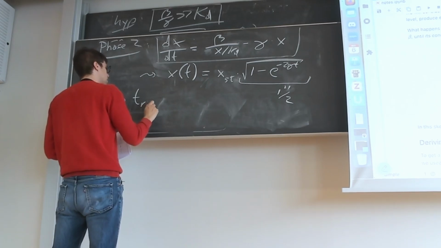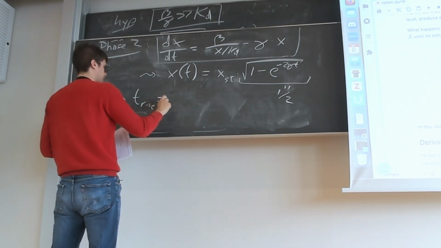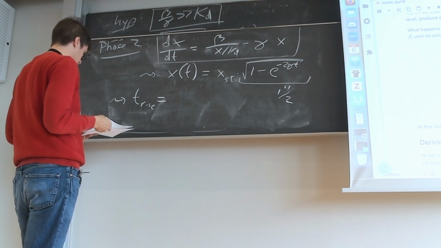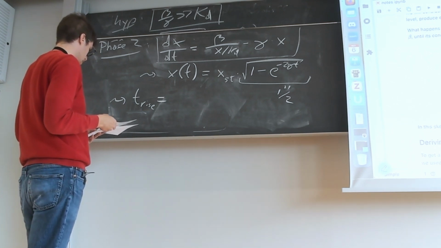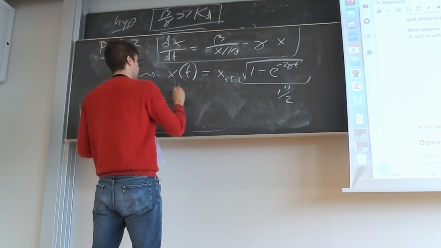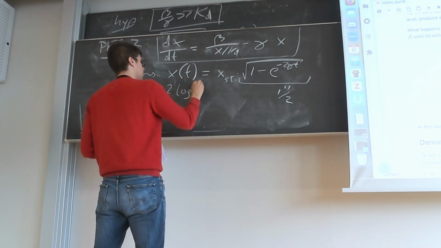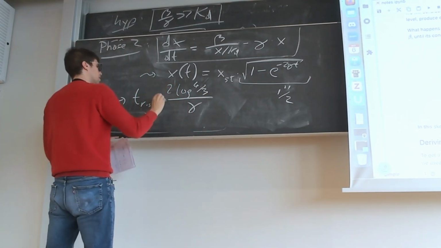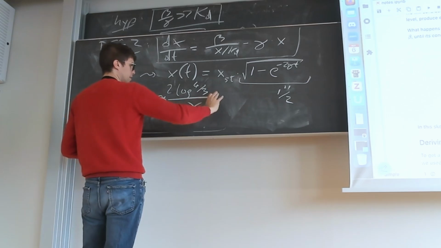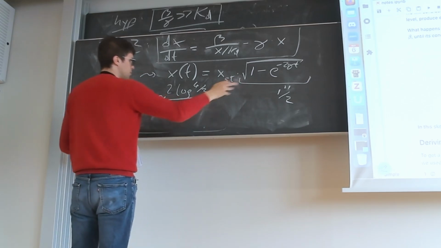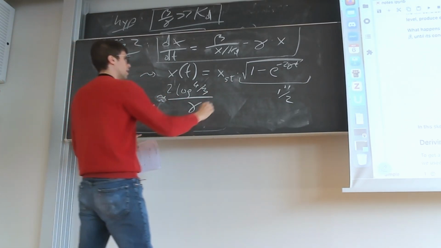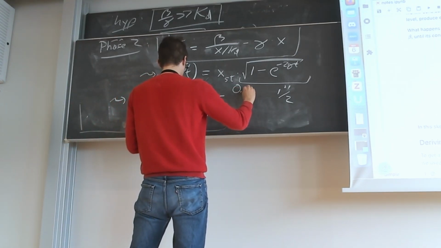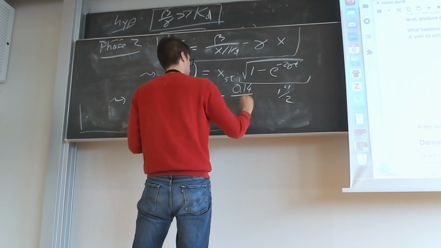The rise time is, I think, 2 times log 4 over 3 over gamma. Again, this is approximate because there's a plus term here, and it's much smaller than 1 over gamma. And this you can figure out, this is around 0.14 over gamma.